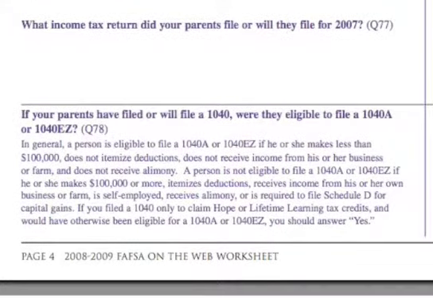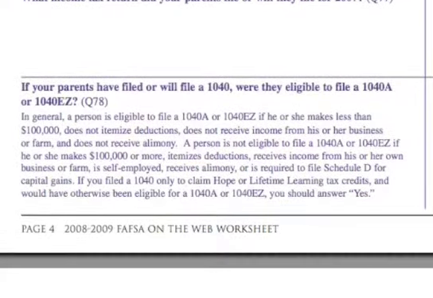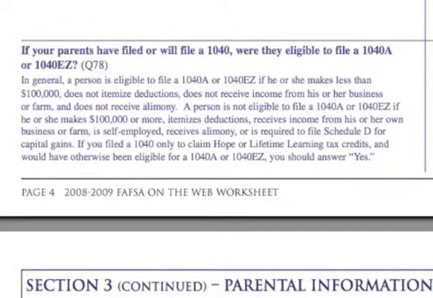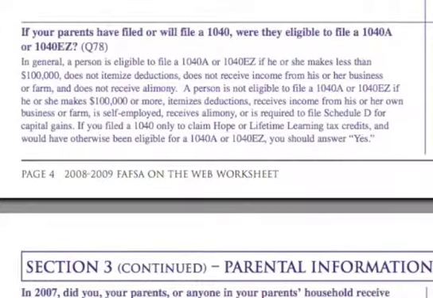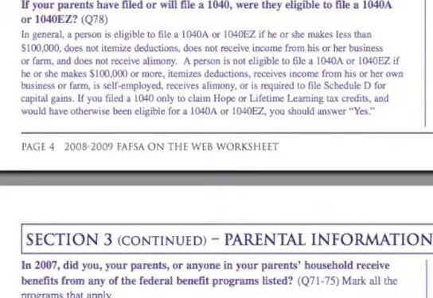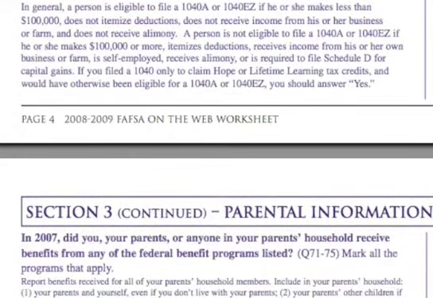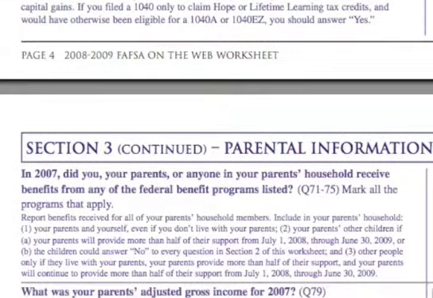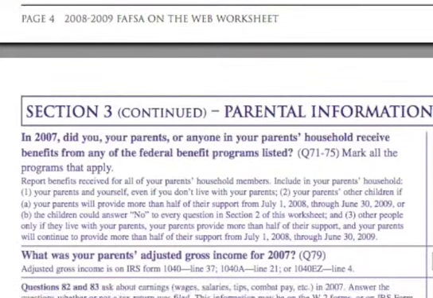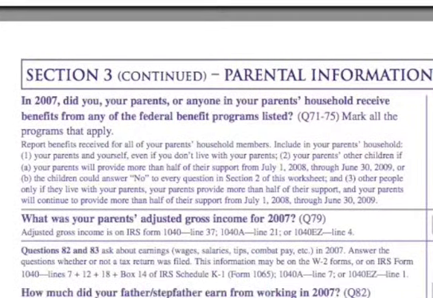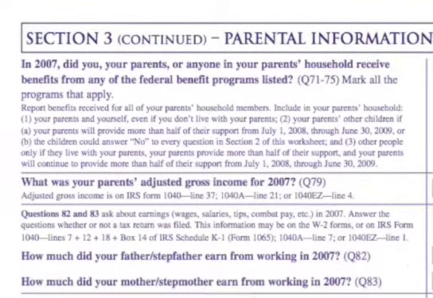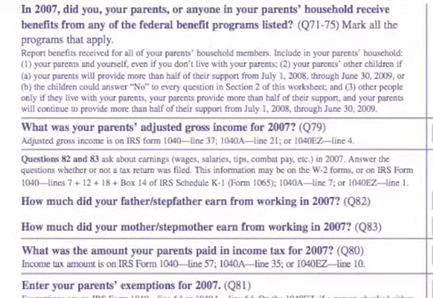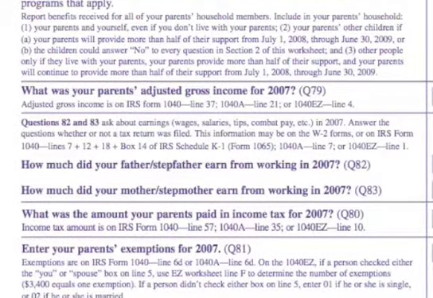Welfare benefits, temporary assistance for needy families, foreign income exclusion from the IRS form, tax-exempt interest income, child support, housing and food and other allowances paid to members of the military, clergy, and others, veterans' non-education benefits such as disability, death pensions, or dependency and indemnity compensation. All these items are essential to completing the form.